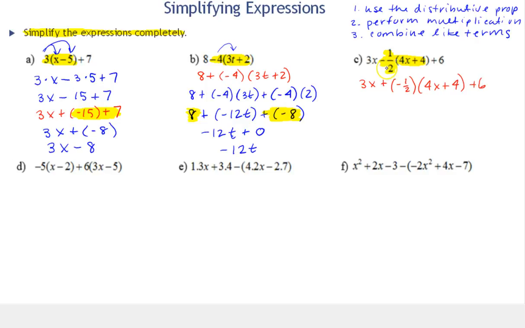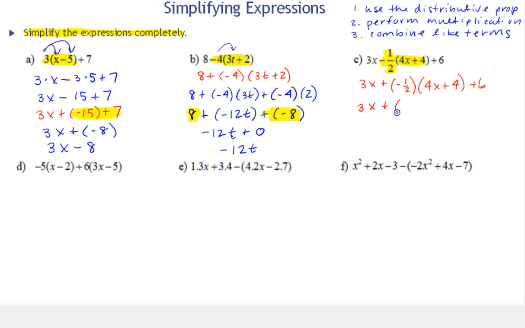I rewrote the subtraction as addition, and then I changed the 1/2 to a negative 1/2, like the coefficient. Now we're just distributing here, which is multiplying.